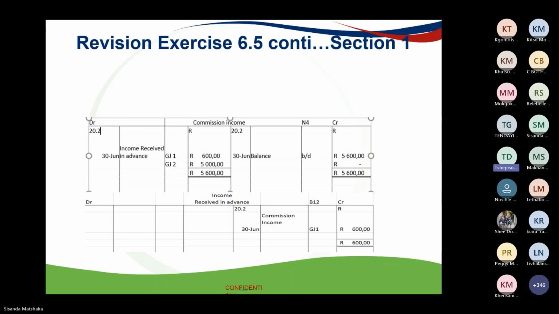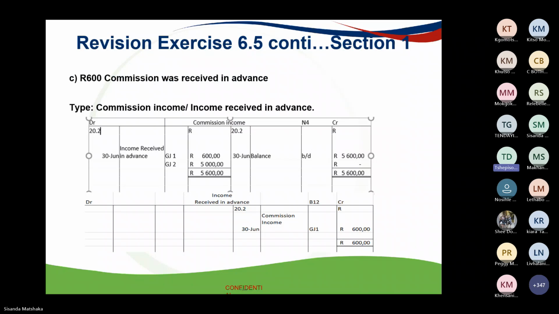Okay, the next account is commission income. According to the additional information, we've got about 600 commission that was received in advance. It will affect two accounts: the commission income and the income received in advance.